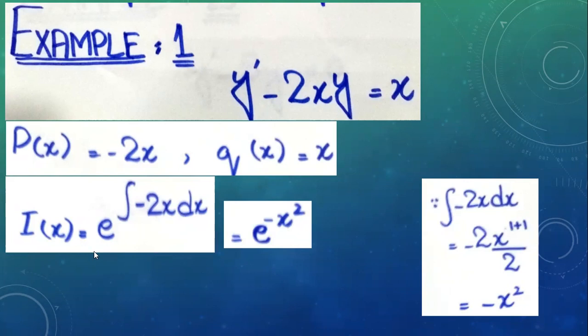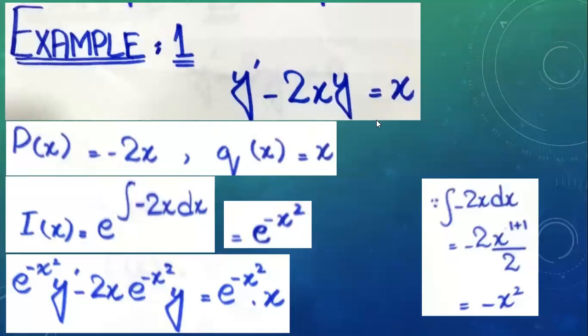Now we have obtained I of x. We multiply this exponential power minus x squared with the equation y prime minus 2xy is equal to x.